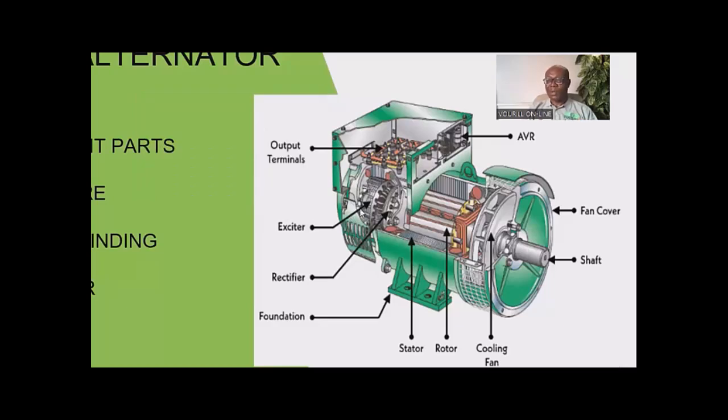That will help to magnetize the exciter field. In this case, instead of a rotating field, we have a stationary field at the exciter, but the armature is rotating since it is wound on the rotor. As the exciter armature rotates, voltage is induced into it, which will then be converted to DC voltage by this rectifier.